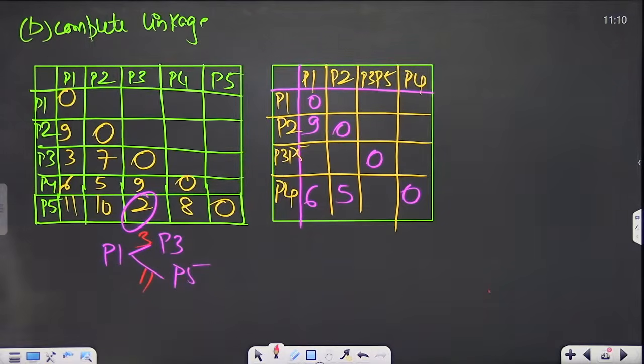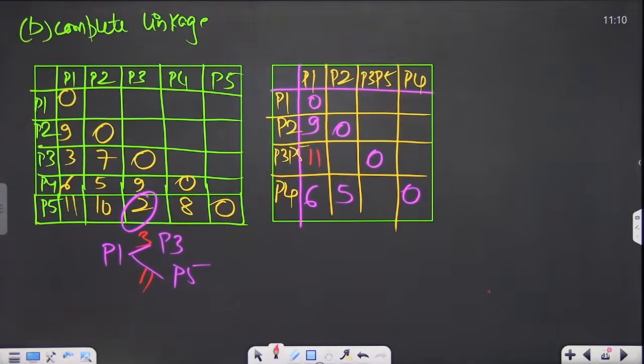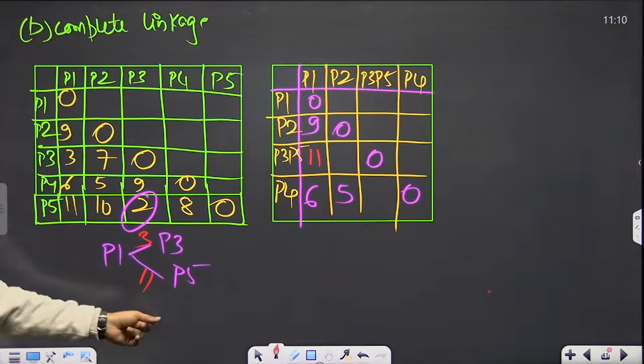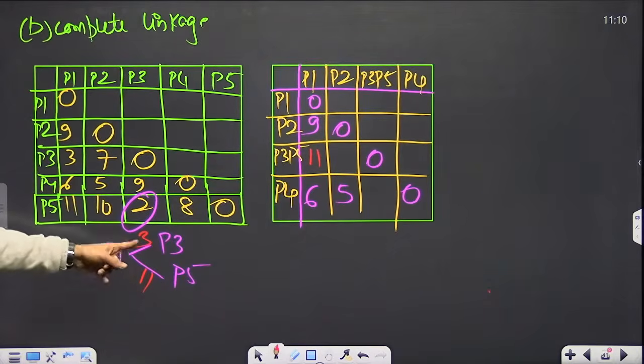So this is what complete linkage is all about. Initially I'll start with the lowest one. Then when I have to merge the cluster, different objects in the cluster, then I have to take the maximum one.